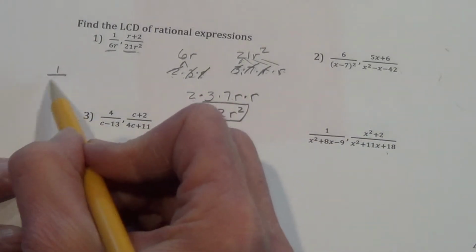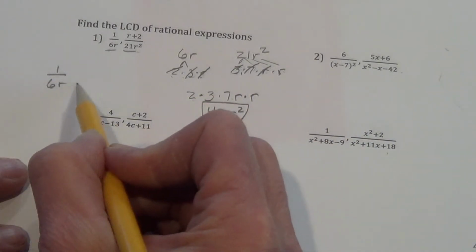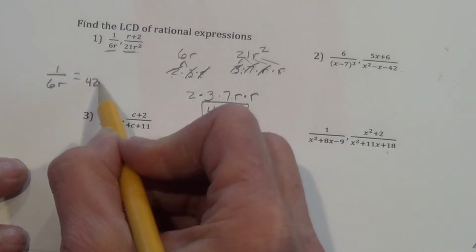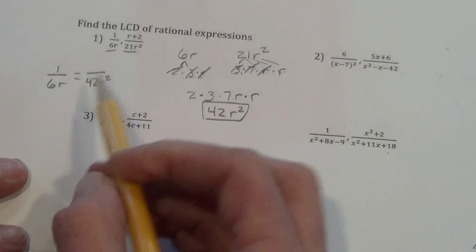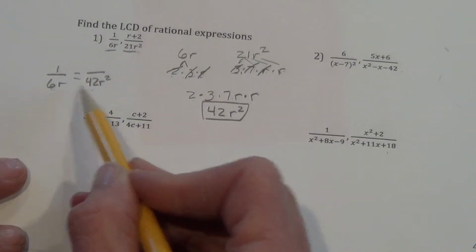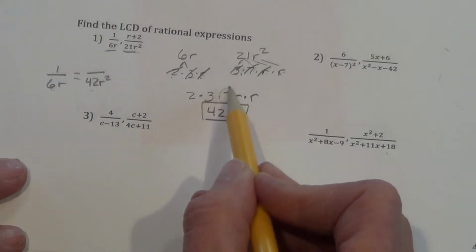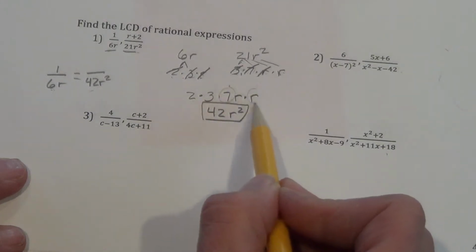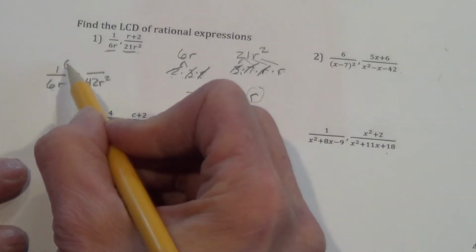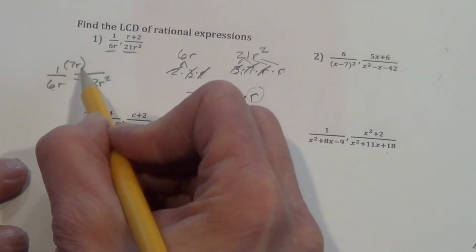I would like you to think of one further step. I would like you to take these fractions and show me how you would get the entire fraction. So we multiplied by 6r, we multiplied the 7 and an r to get the 42r squared. So I just multiply 7r there.